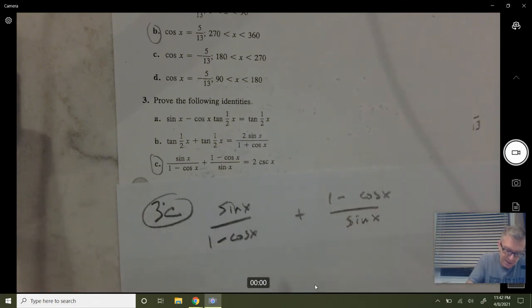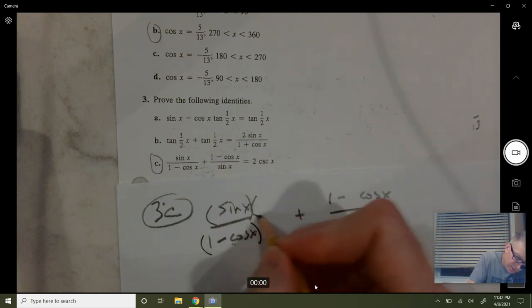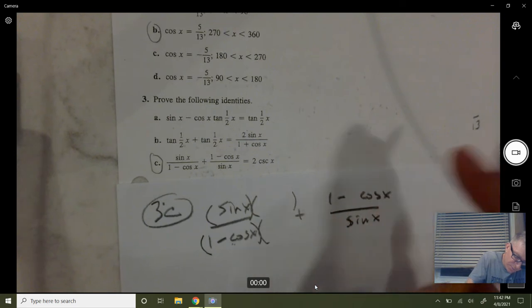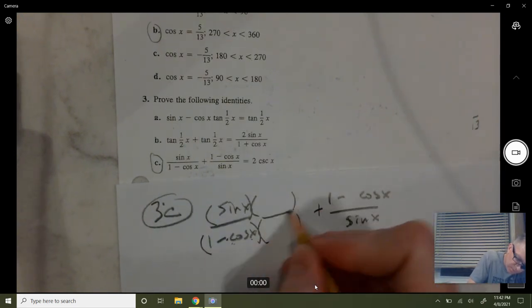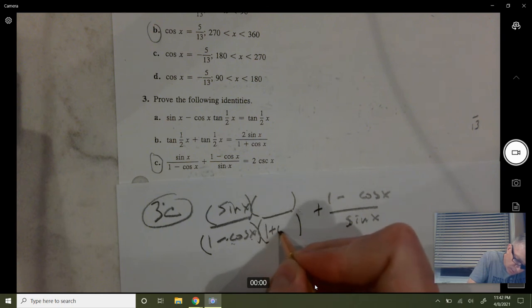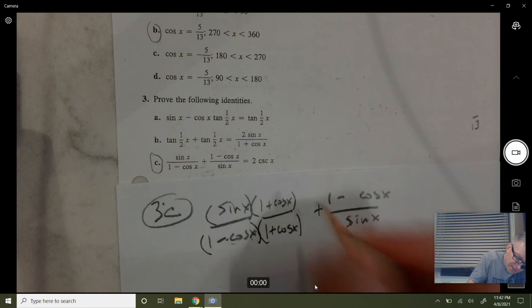Okay. Now, you've got to get common denominators. You could just jump to that, but we could look at this and multiply by the conjugate of the bottom. And if you think about that, hopefully we've done this enough that you start to see why that would be helpful. So 1 plus cosine x over 1 plus cosine x.